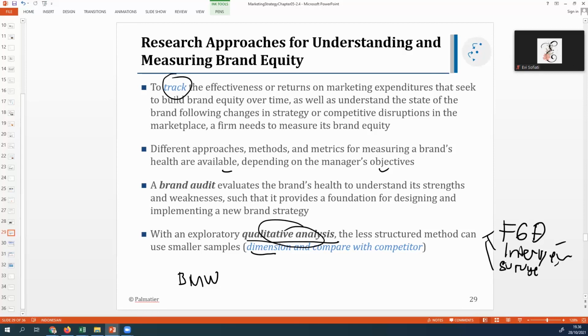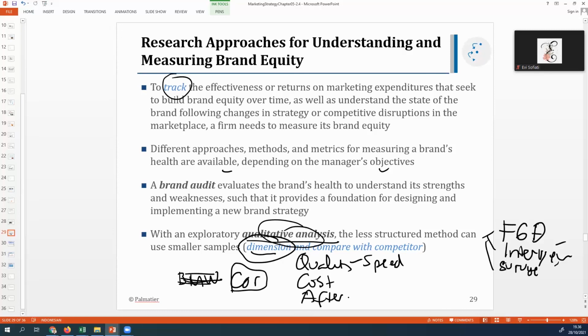So we would like to see what is the dimension that people see the most on the car products, on the expensive car. Okay, there are quality, cost, and quality is there is speed, something like that, and the after-sales service.